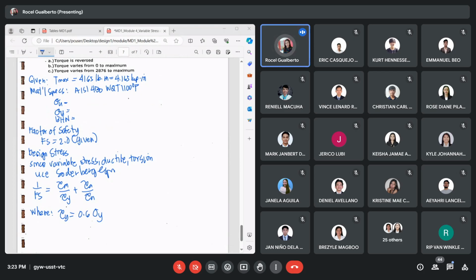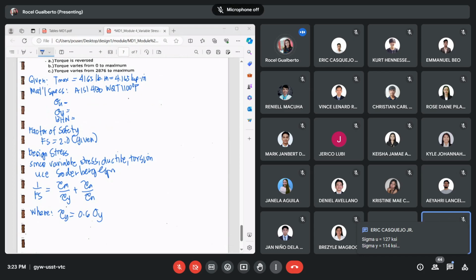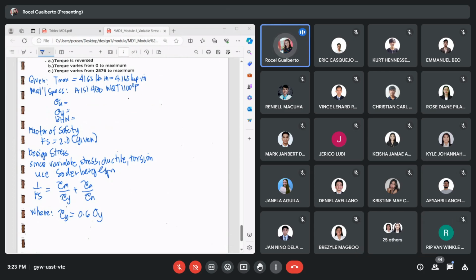Ano po table? Okay, so we have there 1 to 7, 114.